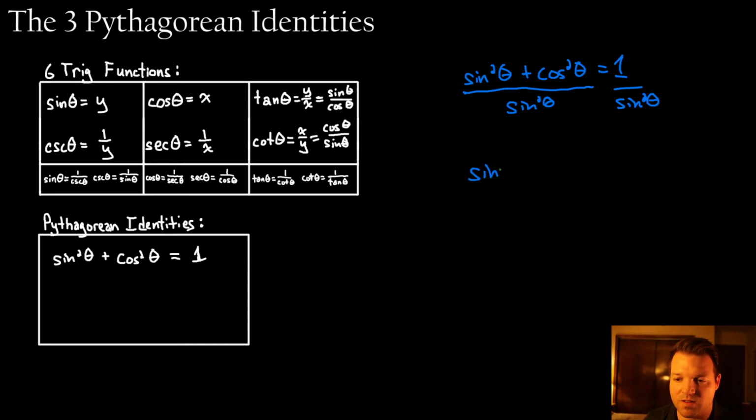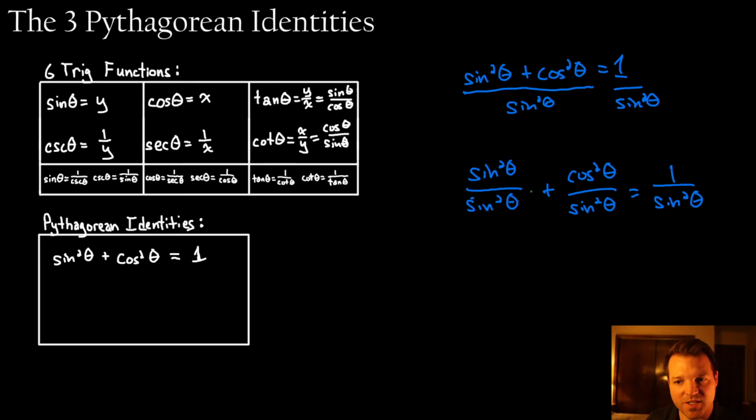The sine squared of theta divided by sine squared of theta, plus cosine squared of theta divided by sine squared of theta, is equal to, keeping the right side the same, 1 over sine squared of theta. Now we're going to simplify this.